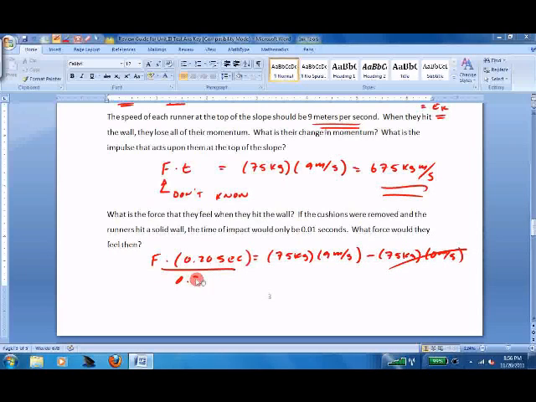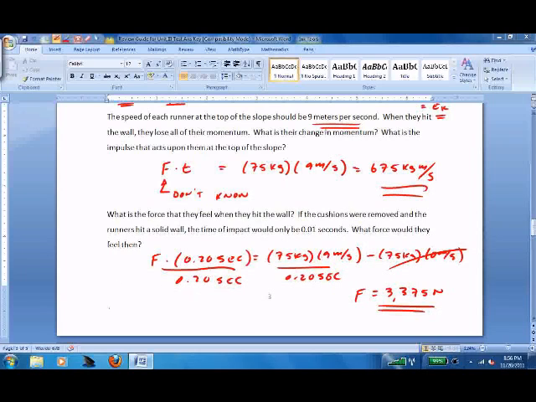Divide both sides by 0.20 seconds. And we get that the force is equal to 3,375 newtons. Now, that's if we have 0.2 seconds.